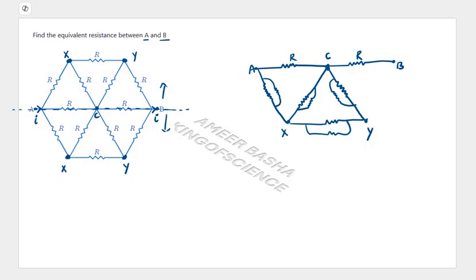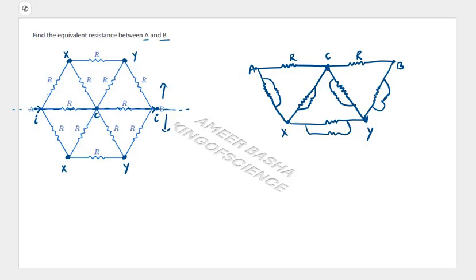Between the B point and the Y point, there are 2 resistors. This is how the resistors are connected. Now you can count how many resistors there are.